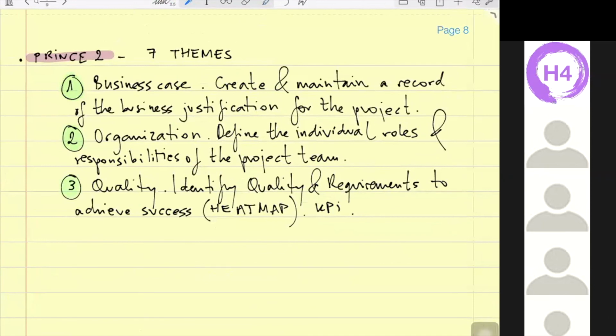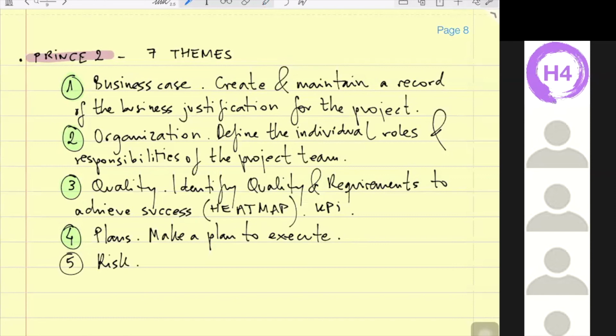Number 4, plans. Make a plan to execute before you start. Number 5, the risk.